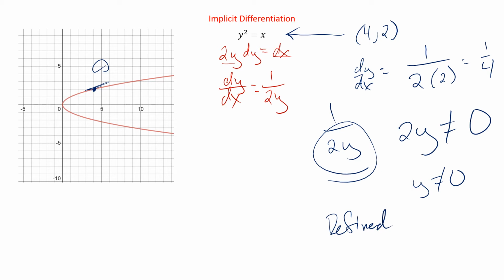Well, and also looking at it, x has to be positive, because y squared will be positive, so x will be positive. So the slope is defined when y does not equal 0 and when x is greater than or equal to 0. Otherwise, when y equals 0, we can't actually have a slope there.